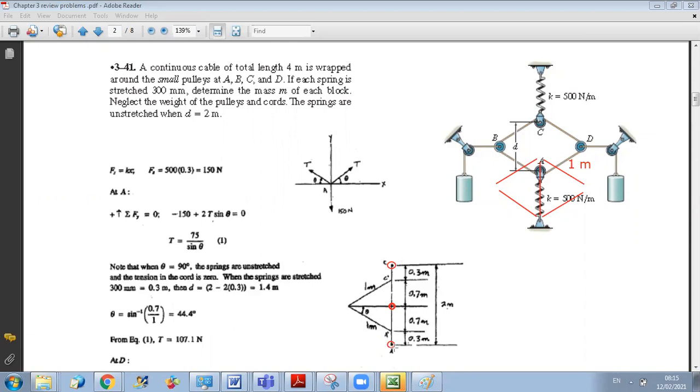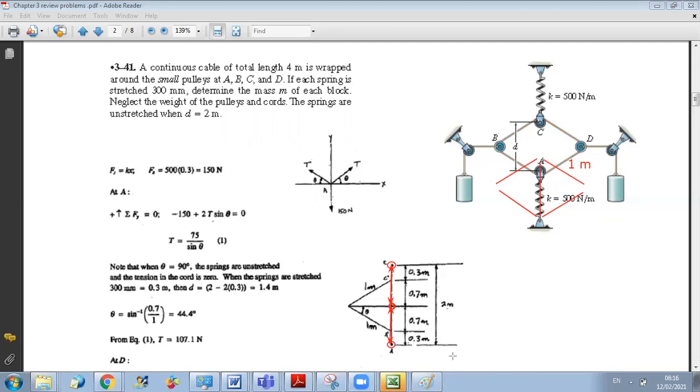Okay, so initially, to have the springs unstretched, this is 1 meter, and this is 1 meter. This will give me an initial distance between pulleys C and A equal to 2 meters.